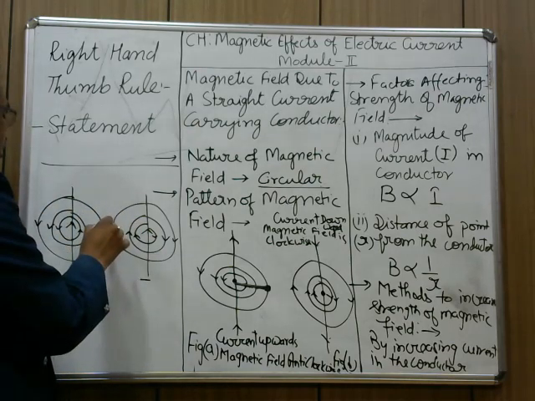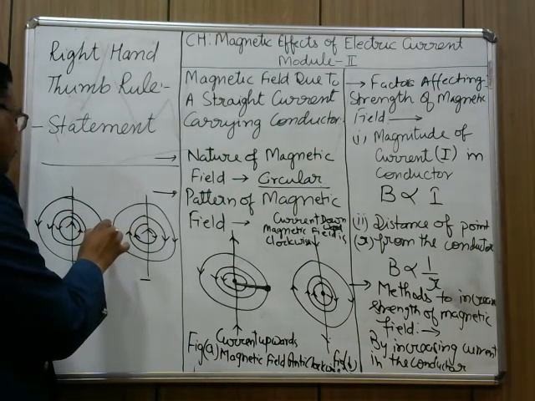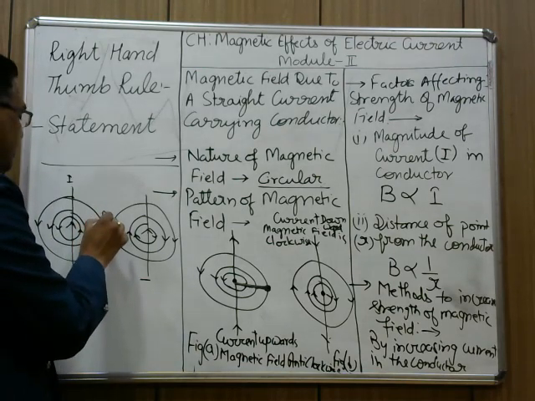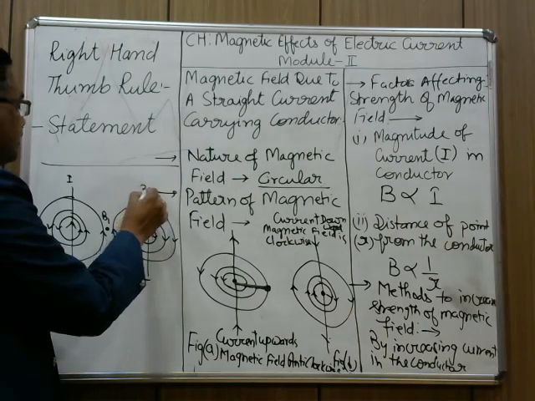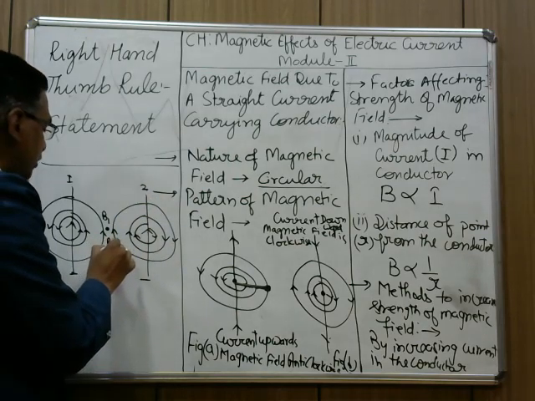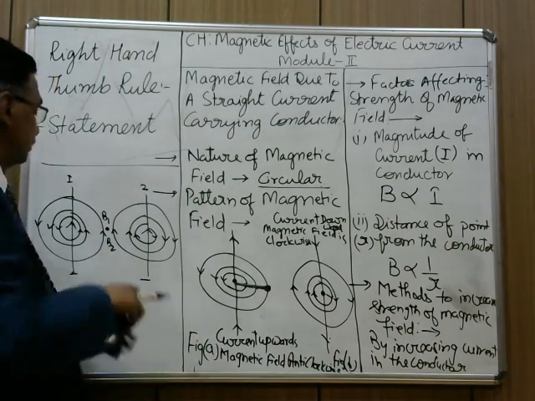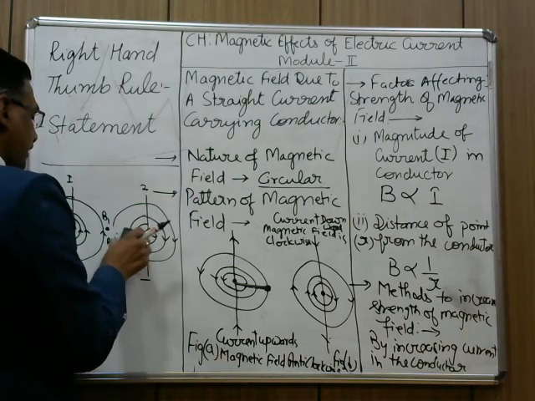So, the strength of magnetic field produced by the first conductor, suppose it is B1 at this point, and for the second conductor, suppose it is B2 at this point. Here this will be anti-clockwise.